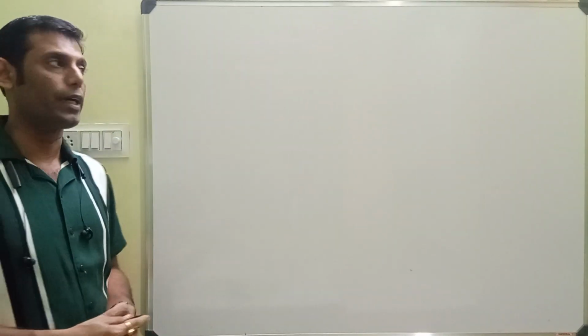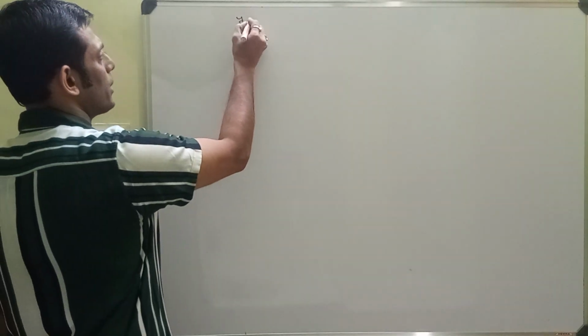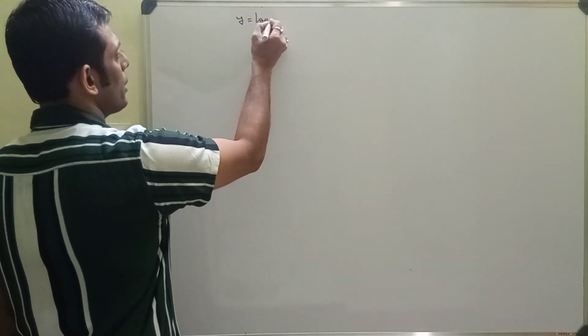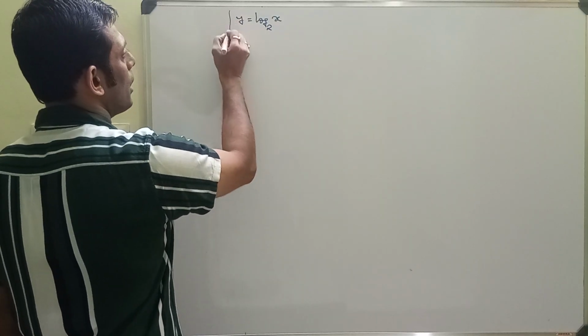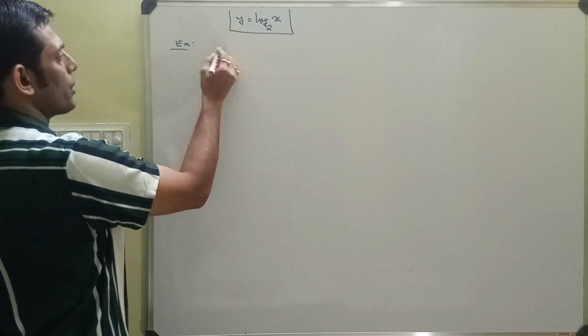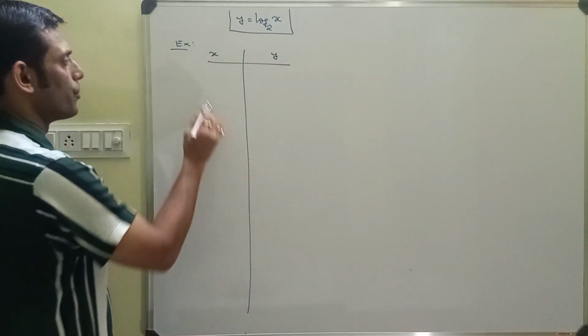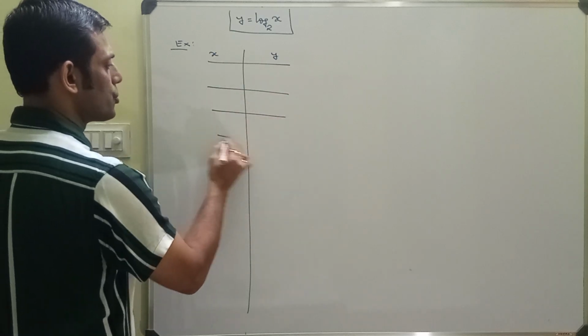With the base value greater than 1, let us take a simple example. Just as we had taken earlier, log x base 2. In this case, let's take an example of plotting x against y, and the same types of results would generate.